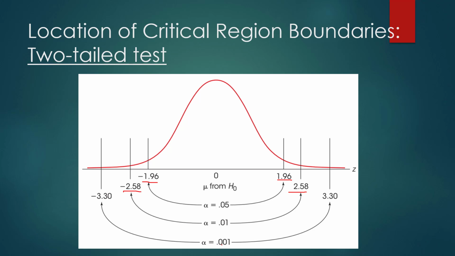And for an alpha of 0.001, it's going to be plus or minus 3.3. Remember, this is only for a two-tailed test. This keeps you from having to look up your z-score for every single calculation. It's going to change when we start talking about a one-tailed test in a different video.